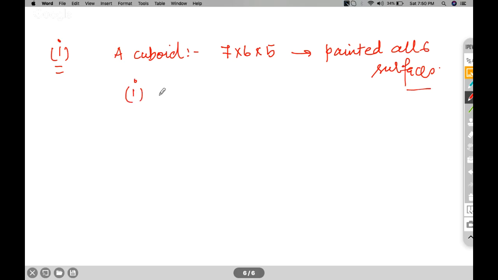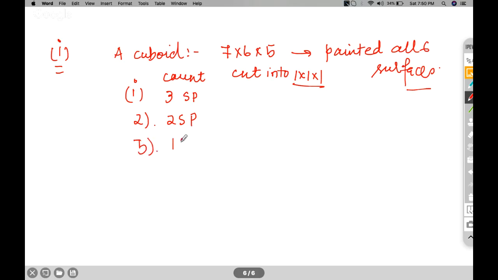Then cut into 1 into 1 into 1. So then count 3 side painted, 2 side painted, 1 side painted, 0 side painted.